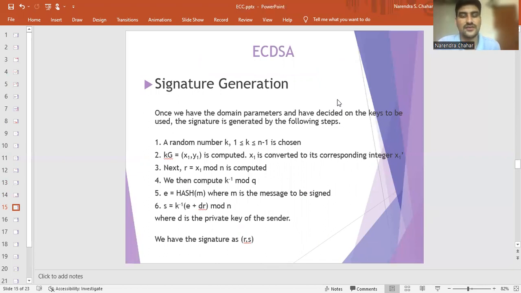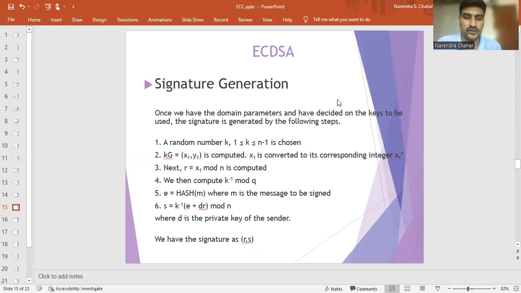Now, signature generation: how do we generate the signature? Once we have the domain parameters and have decided on the keys to be used, the signature is generated by these steps. First we take a random number k and compute kP, which equals (x1, y1), where x1 is converted to its corresponding integer. Next, we take r equal to x1 mod n.